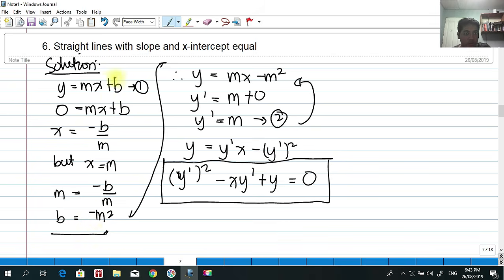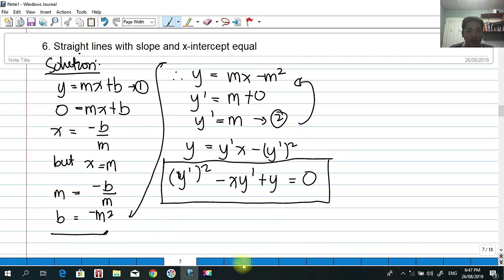Because we want to eliminate the arbitrary constants here, we have negative m squared. So this is our working equation, then get the derivative, and then back substitute it again to the original equation to eliminate this arbitrary constant, and hence we have this differential equation. Okay?